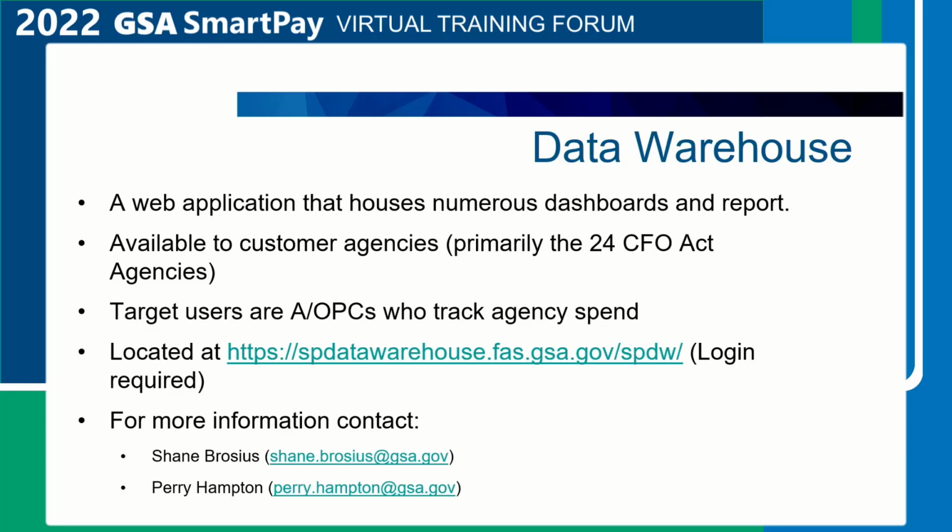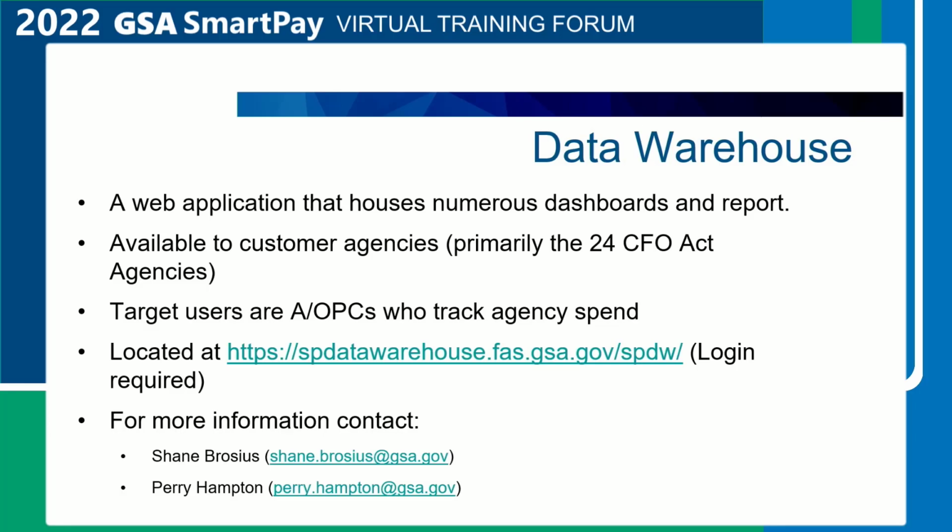It was developed using SAP Business Objects, and the dashboards reports are dynamic in nature, allowing a user to access them via several dimensions, such as by agency, bureau in most cases, business line, fiscal year, etc. Dashboards are available and include purchase, travel, fleet, refund, and program metrics.